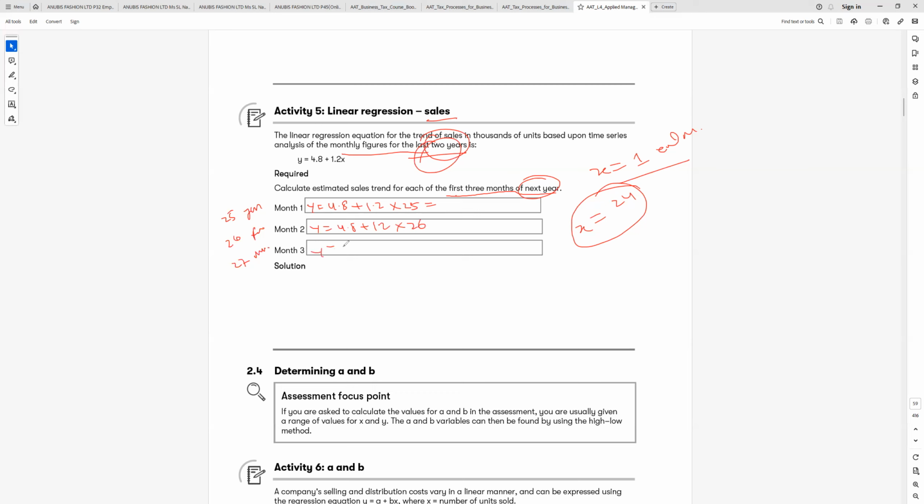And the final one, 4.8 and 1.2, 27. And that's it. So the first one will be 34,800, and then 36,000, and 37,200. That's it. So X is basically the independent variable.